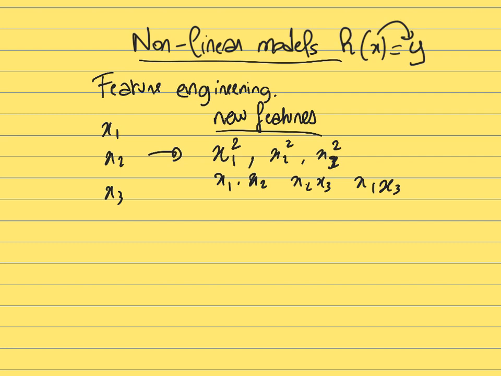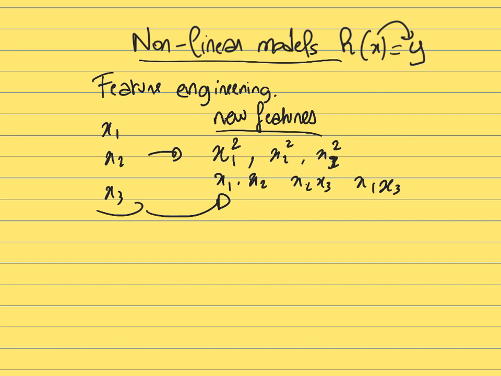So altogether, you see that even if you start with just a limited number of features, and even if you just transform it into quadratic features by taking the square or the cross product, you can really increase quite a lot the number of features.